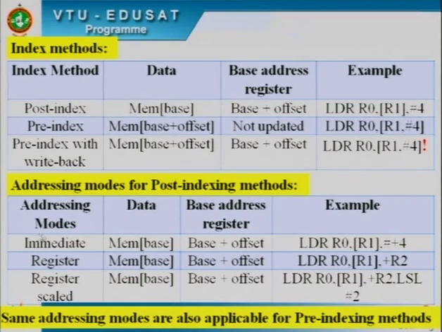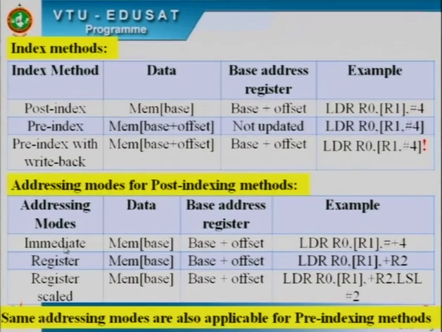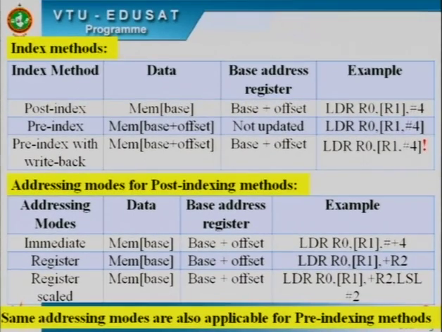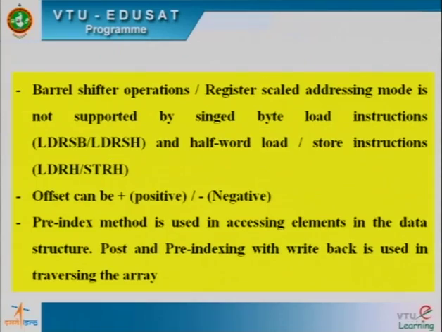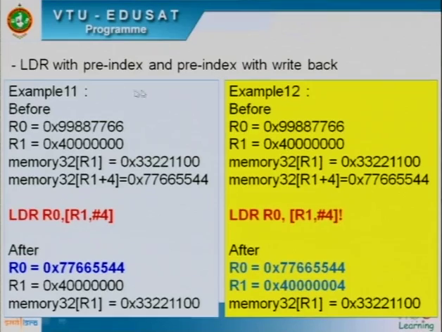The table shown here is only for the post indexing method. Similar addressing modes are also applicable for pre-indexing and pre-index with write back options. Then we discussed the LDR and STR instructions with post indexing method, and LDR pre-index and pre-index with write back.